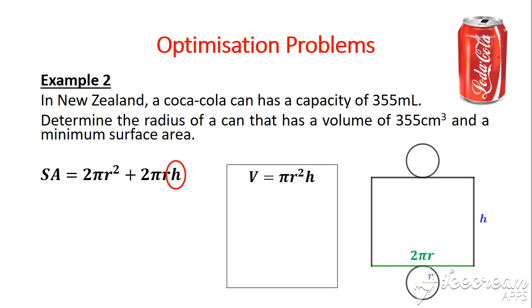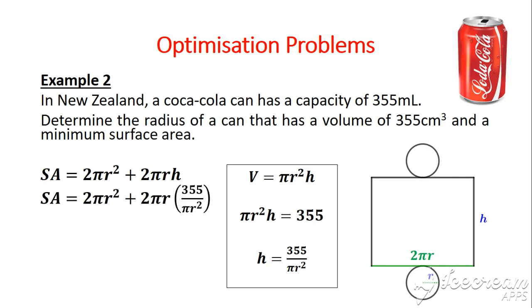We're going to go back and work out the volume of a can, which is pi r squared h. We're going to put that equal to 355, and we're going to divide both sides by pi r squared. Get h is equal to 355 over pi r squared. We're now going to substitute that back into h to get this part. Now we're going to simplify this.